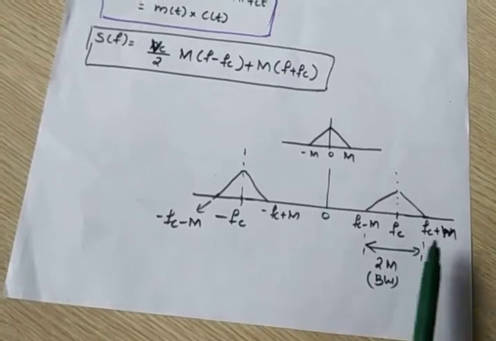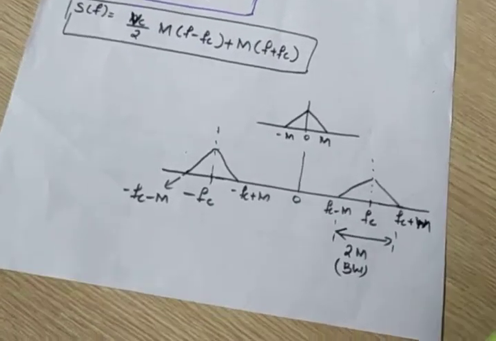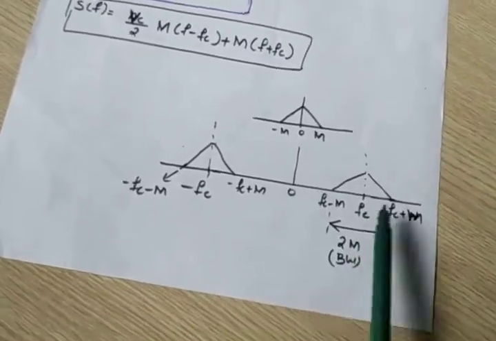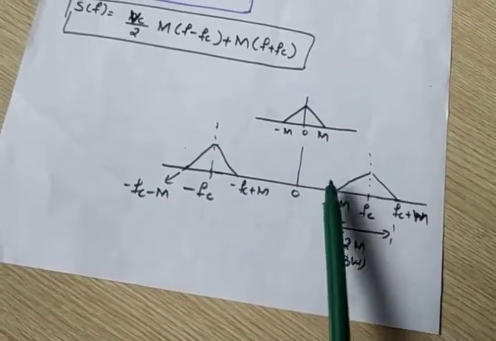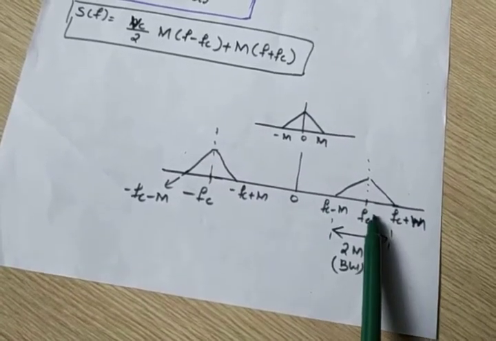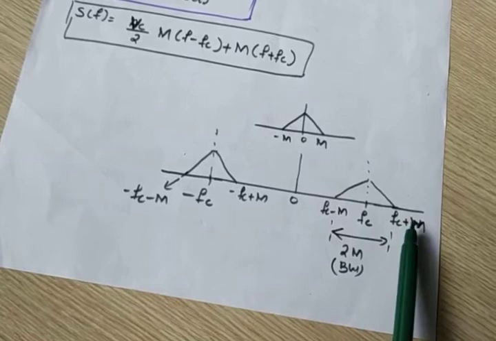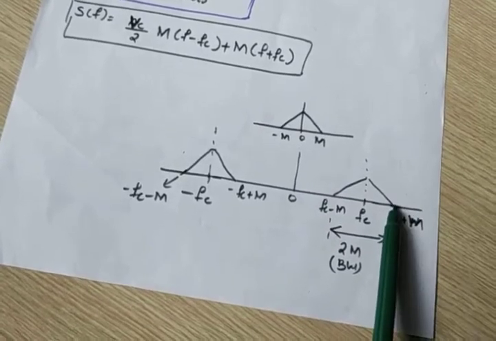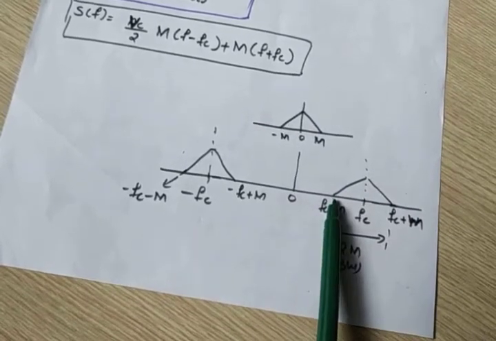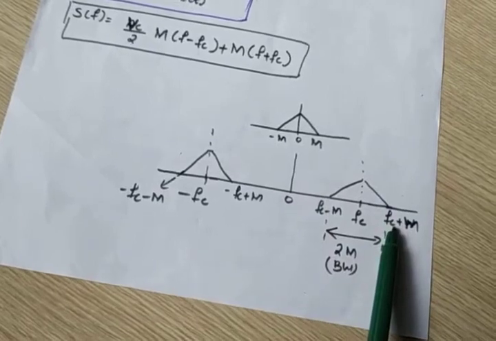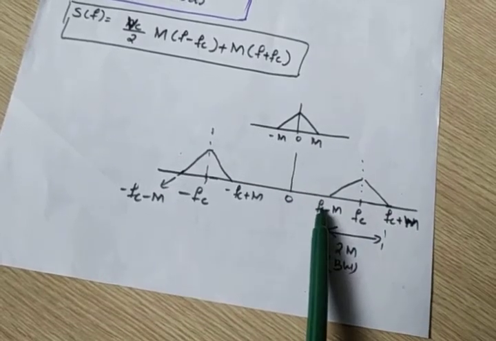And how to find the bandwidth of the modulated signal? You take any spectrum component. This is the highest frequency, this is the lowest frequency, this is the center frequency. The bandwidth is the upper cutoff frequency minus the lower cutoff frequency. Upper is fc plus fm, lower is fc minus fm.